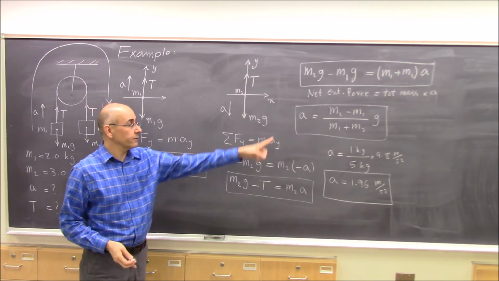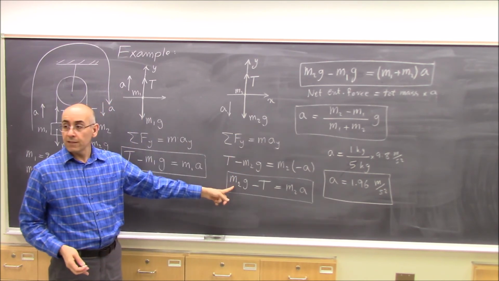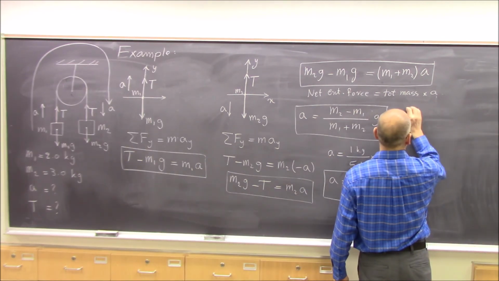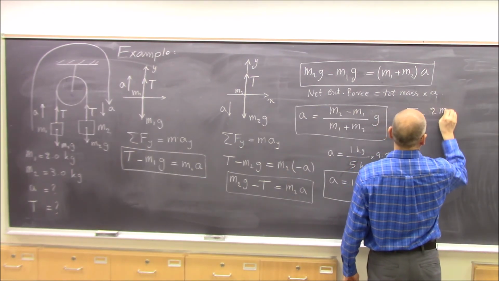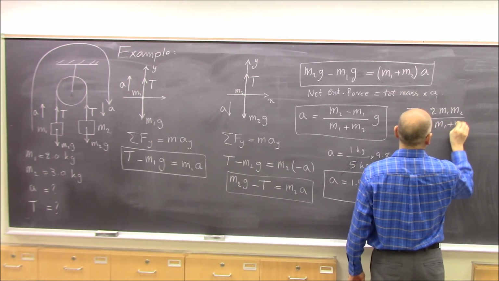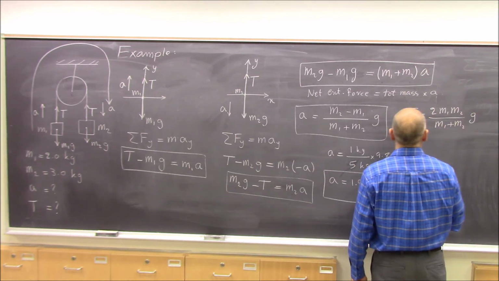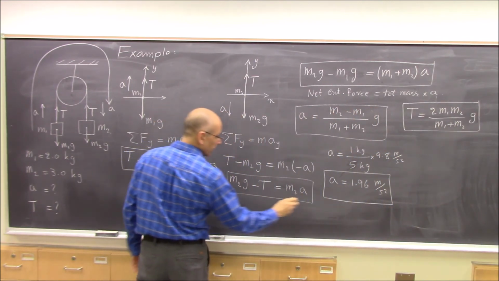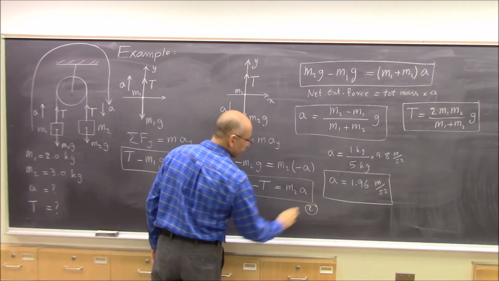To substitute this acceleration into these two equations, you can say the tension force was 2 m1 m2 divided by m1 plus m2, times g. This is equation 1, this is equation 2.